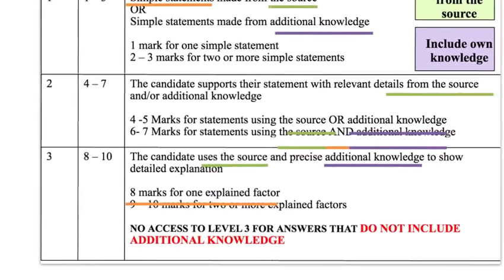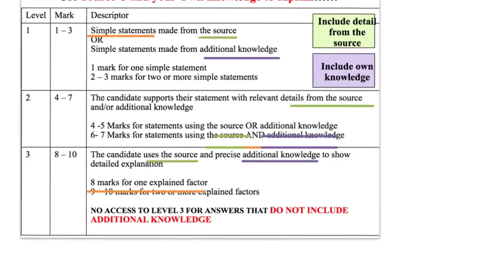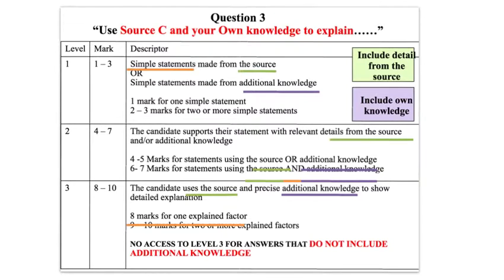Right, to get to level 3, 8 to 10 marks, you need to use both the source and precise additional knowledge, so well selected additional knowledge, to show a detailed explanation of what the question is asking you. You get 8 marks for 1 explained factor.